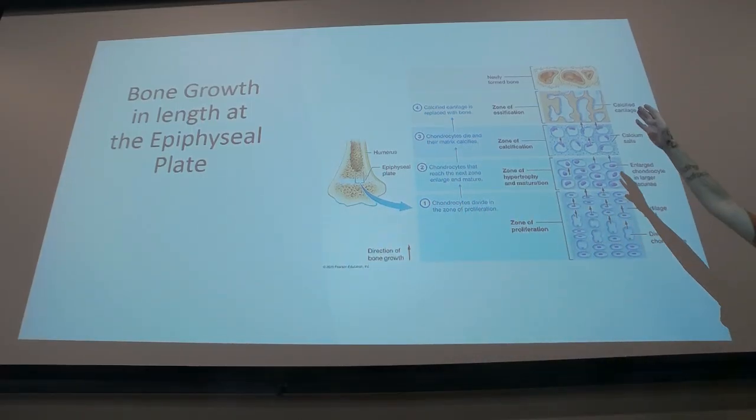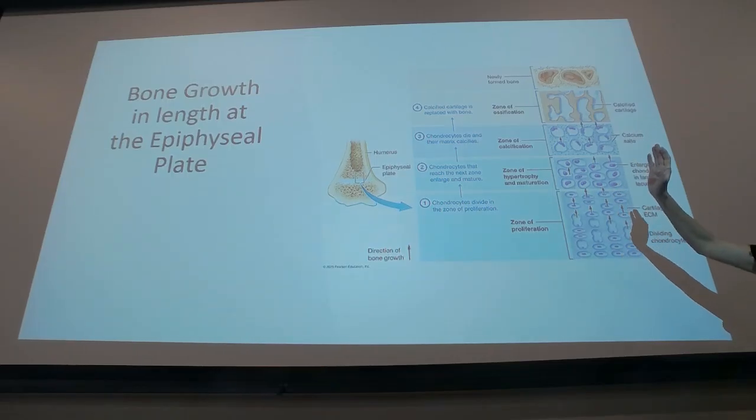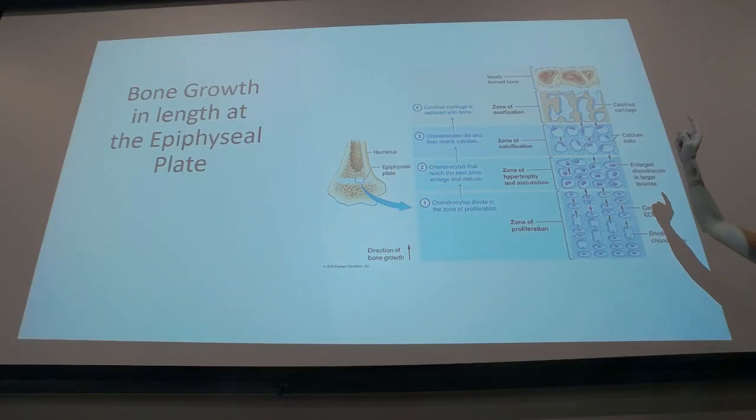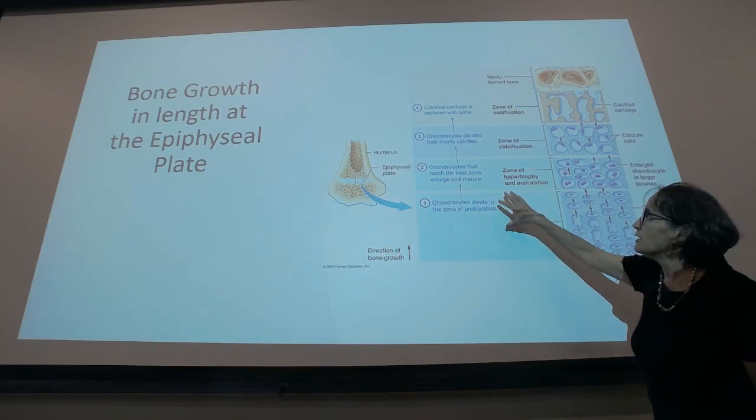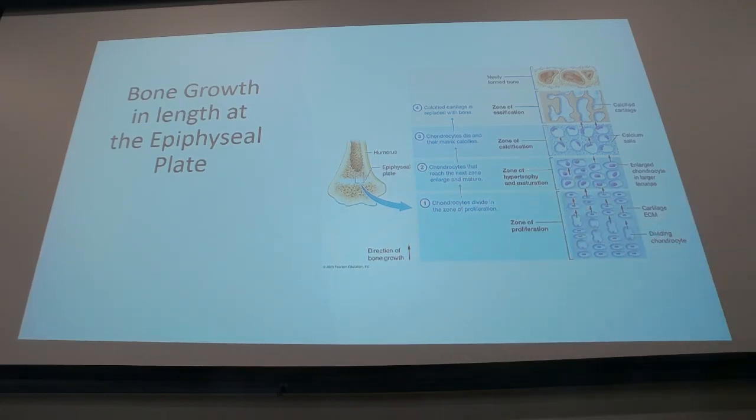That's how you have the proliferation of chondrocytes, maturation of chondrocytes, and calcification of these chondrocytes. So you have regions 1 through 4. The most external is region 1, and the most internal is region 4.